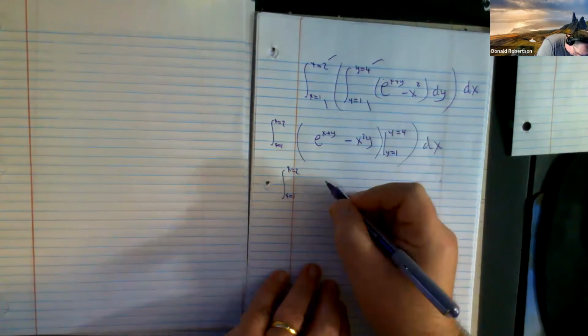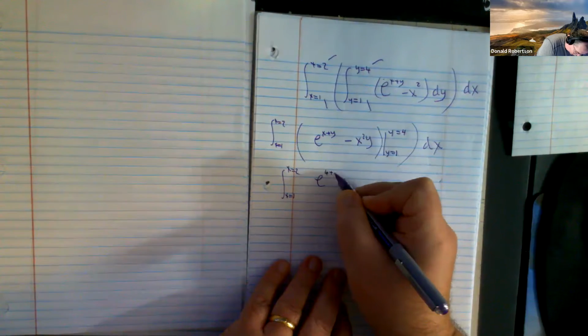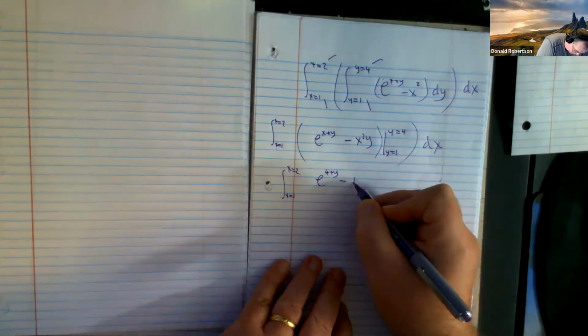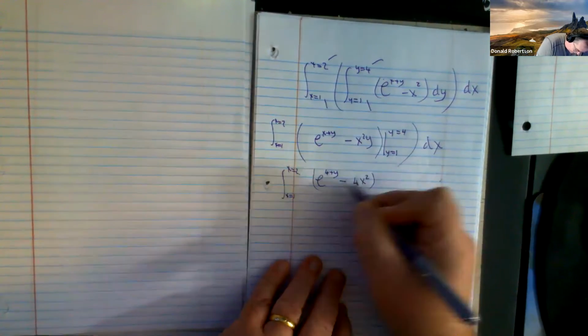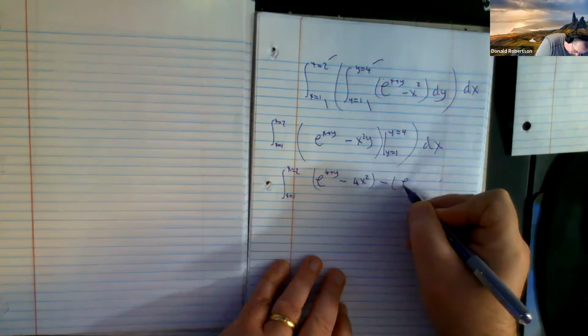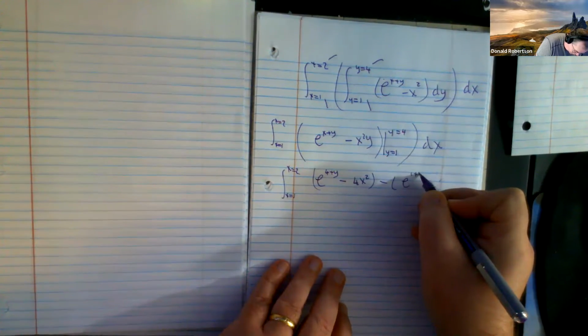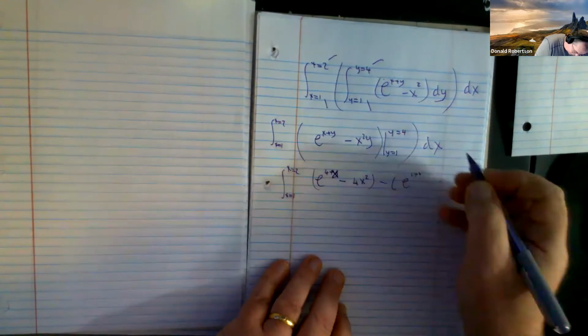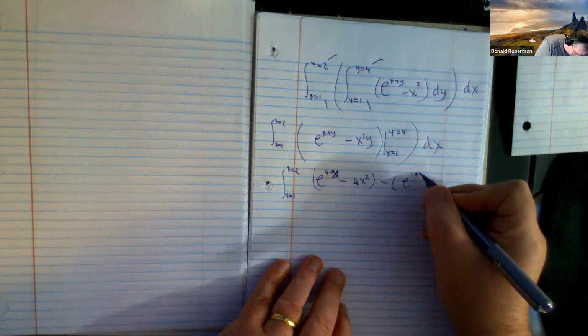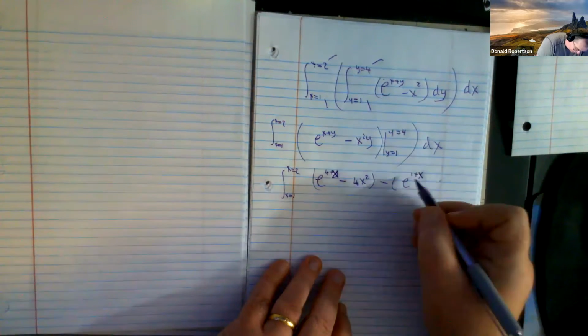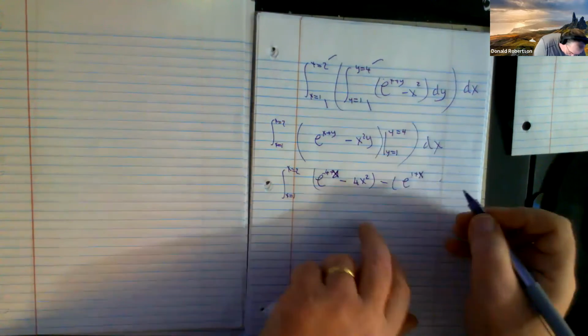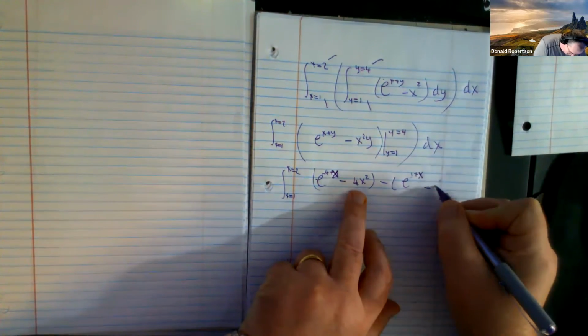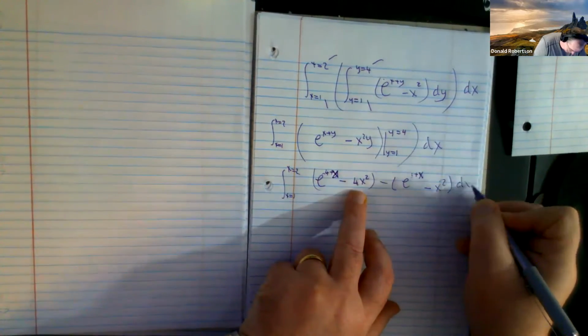If I plug in 4, I get e to the x plus 4, take away 4x squared. If I plug in 1, I get e to the x plus 1, take away an x squared, dx. Technically, I should have said x plus 4 and x plus 1, but too late now.